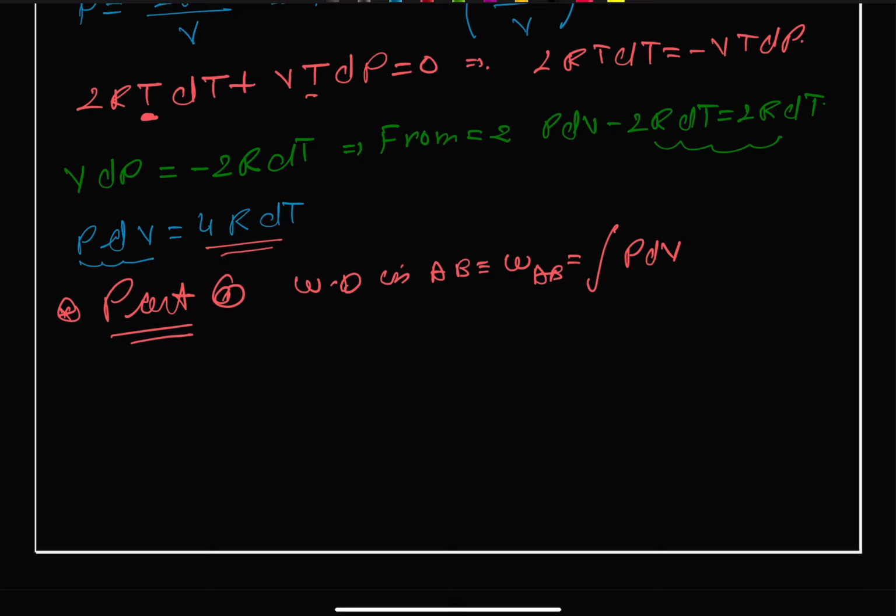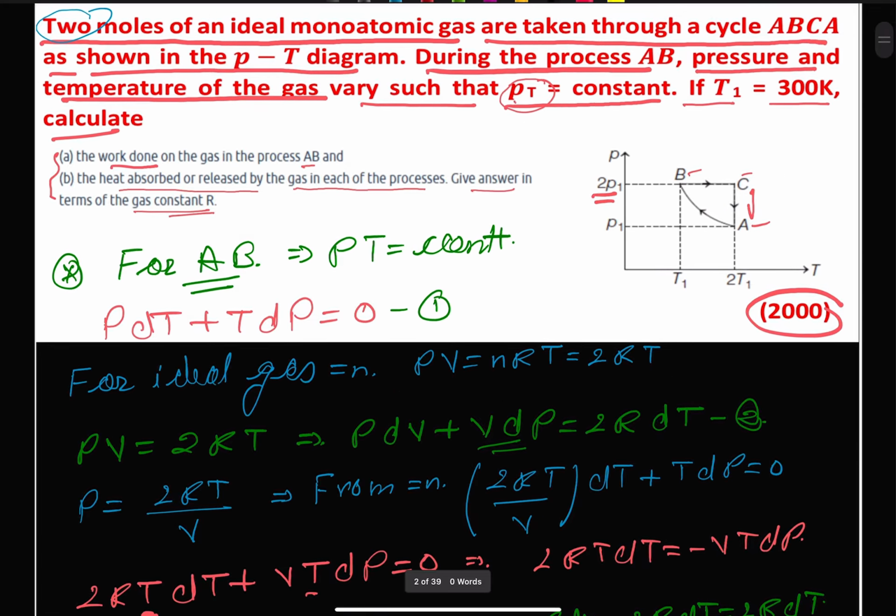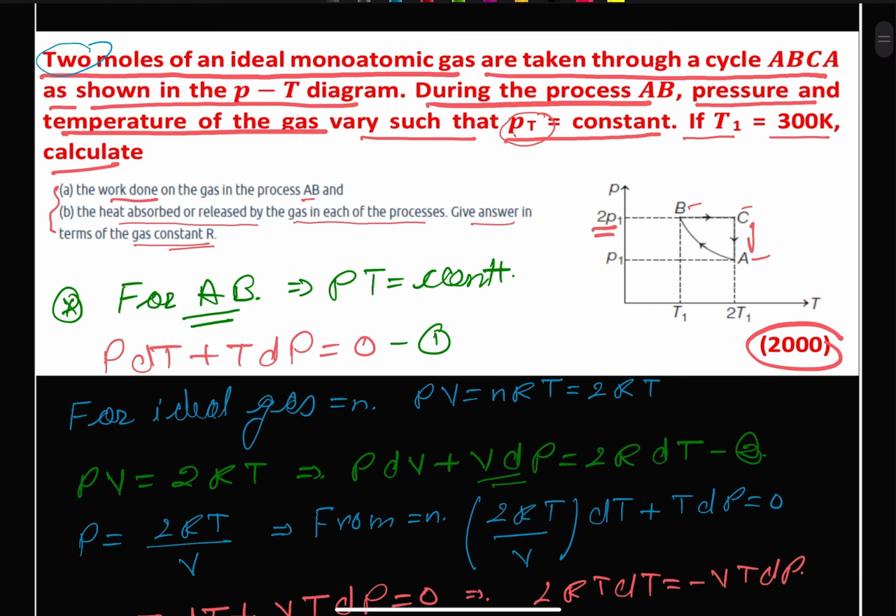Therefore, WAB is the integration of 4R dT, and here T1 is given as 300 and T2 obviously will be equal to 600.